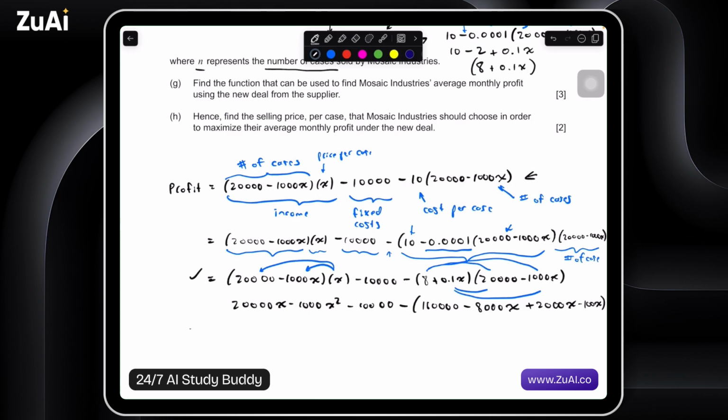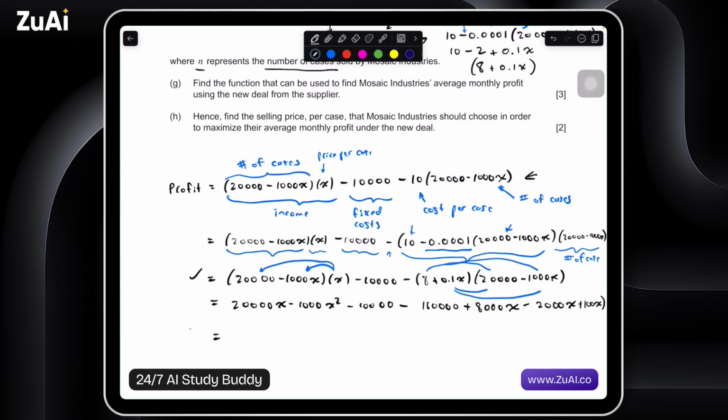Since there's a negative out in front, it would turn everything to the opposite sign. So to save some time, I'm going to remove the brackets, and everything that was a positive I'm going to turn to a negative, and everything that was negative I'm going to turn to positive. Now we've got to group like terms.